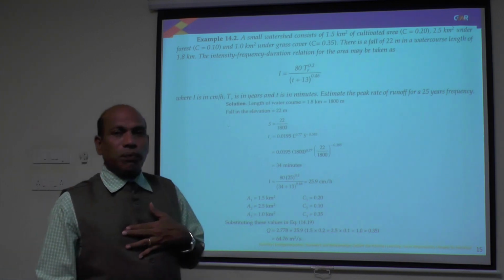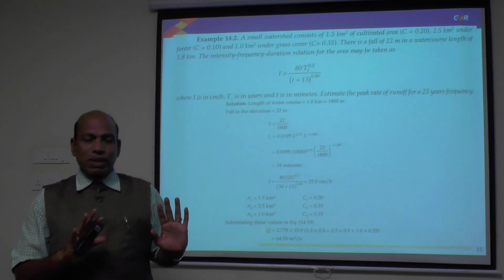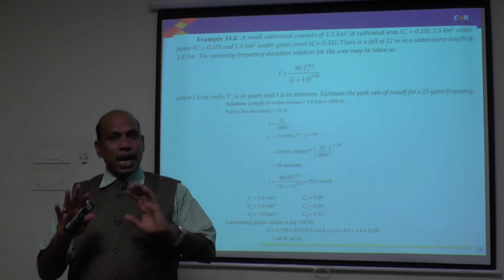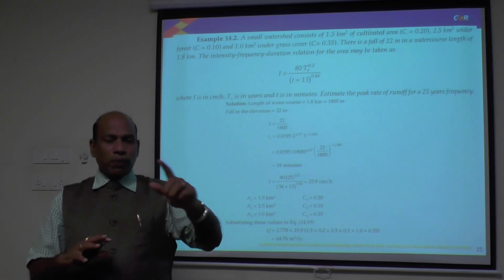So for the determination of peak discharge, we know one formula, that is Q equals 2.778 CAI. C is not given as only one value for the entire area.